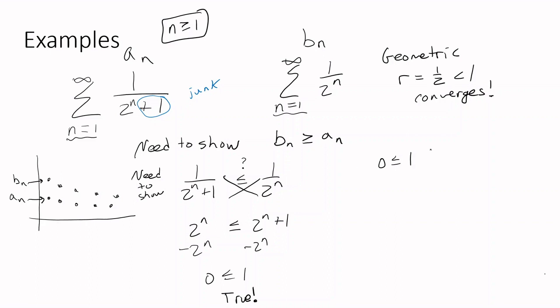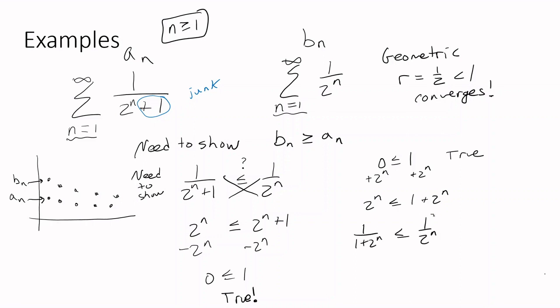So okay, I'm going to start with a true statement here, and then watch what I'm going to do. I'm going to add 2 to the n to both sides. Okay, so that's 2 to the n is less than or equal to 1 plus 2 to the n. Now what I'm going to do is divide both sides by 2 to the n and both sides by 1 plus 2 to the n. So that'll give me this.